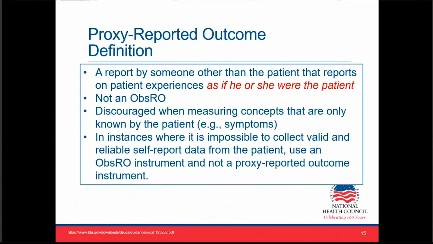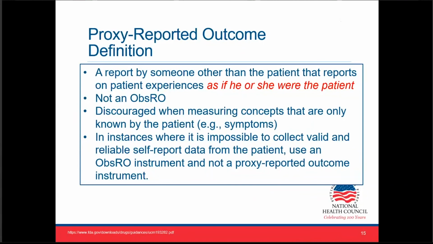So what is the definition of proxy-reported outcomes? A report by someone other than the patient that reports on patient experiences as if he or she were the patient. That's the word proxy, meaning you're going to stand in that person's place and provide a report as if you are the person you're being a proxy for. It's not an ObsRO.